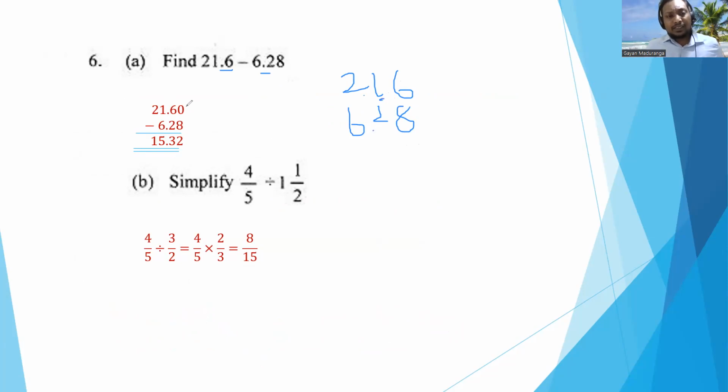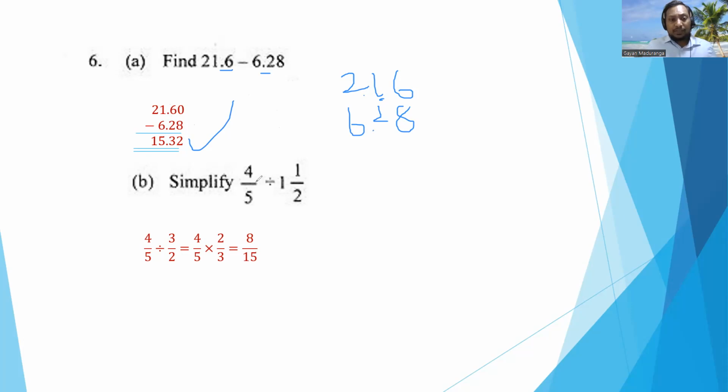And then just subtract. 0 minus 8, you can't do it. You borrow 1. 10 minus 8 is 2. This becomes 5. 5 minus 2 is 3. And 21 minus 6 is 15. See how easy the questions are? Even grade 6, 7 children can do this easily, right?